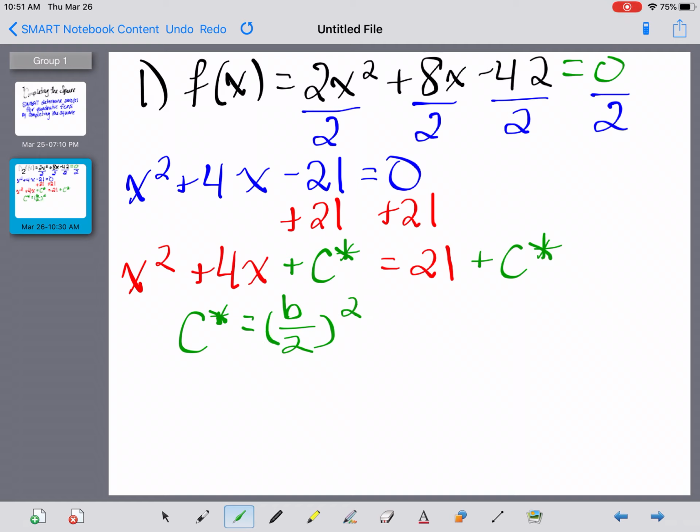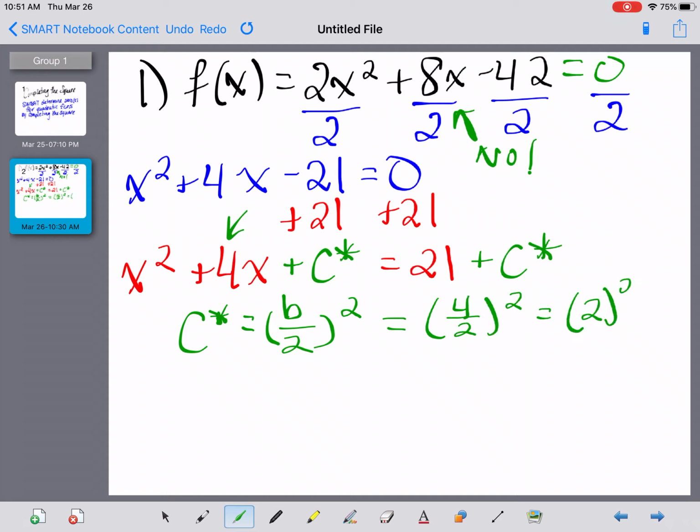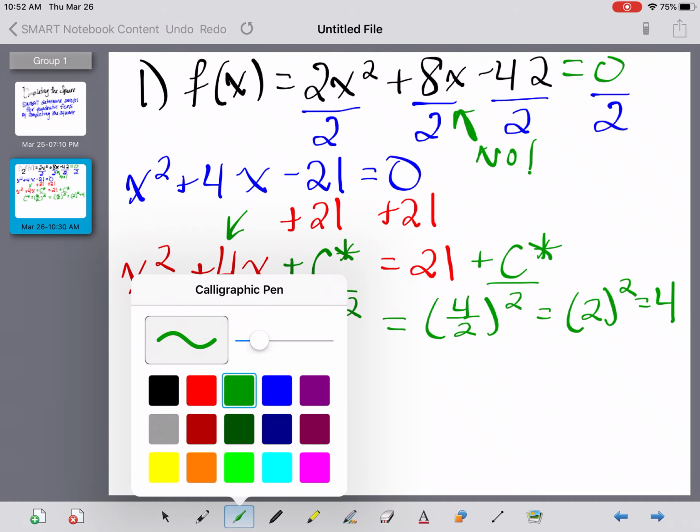And I'm not talking about the b from up here. I'm talking about the b right here. So my b is 4. So I'm going to do 4 divided by 2 and then square it. That gives me 2 squared, which is 4. All right, now I'm going to replace my c stars with that value of 4.